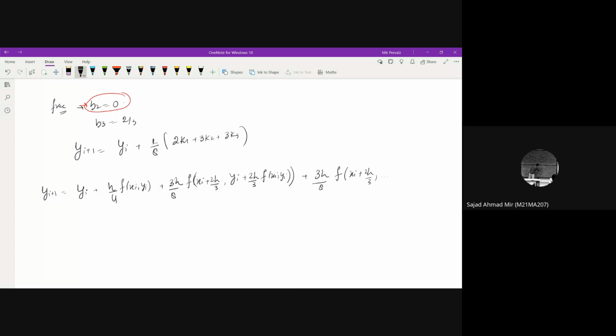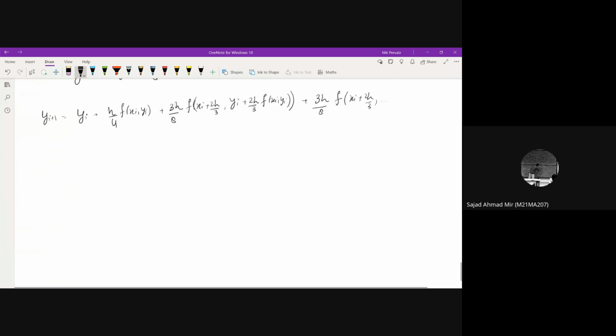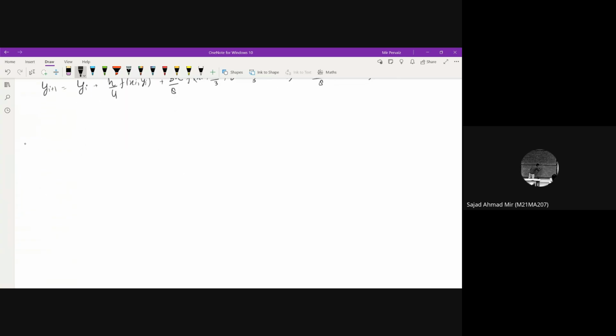So there is a famous RK4 method which gives very accurate results for solving differential equations. I will write just the equation form of the RK4 method, then we will go for the coding part. So what's the RK4 method?